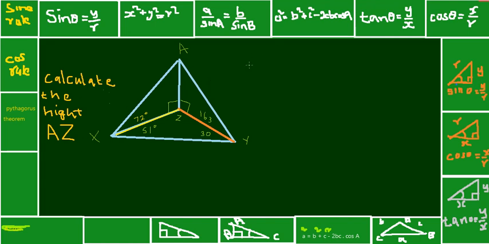To solve, you have to find x or AZ. This is in millimeters, it's 163 meters. We are given something like this, and then check which one has a lot of values that you can solve easily.